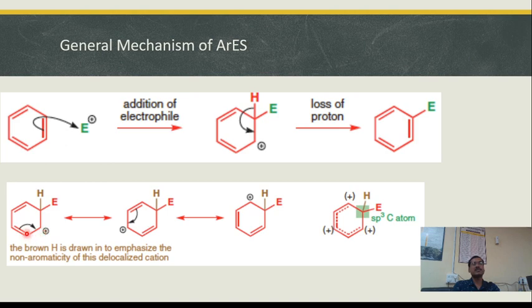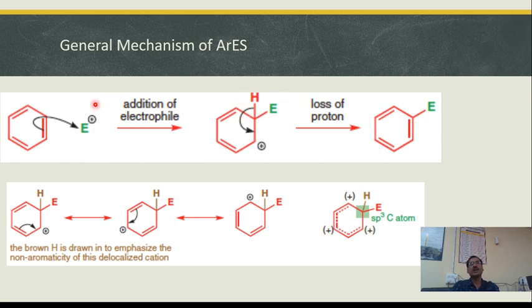Delocalization of the positive charge takes place by resonance, and these are the resonating structures of the Wheland intermediate or sigma complex intermediate. The resonance hybrid tells you that there will be a partial positive charge at these three carbon atoms. In the last step, as it is a substitution reaction, one electrophile is replaced by another.